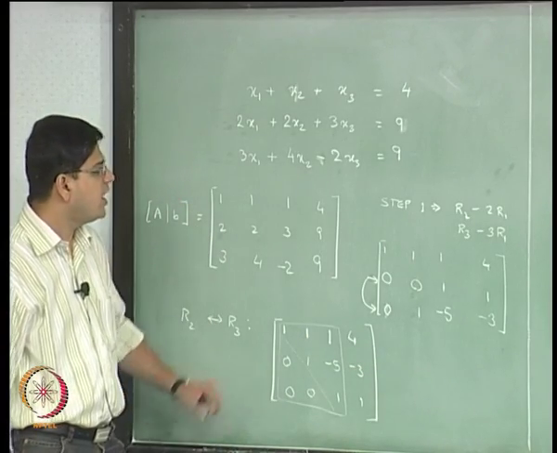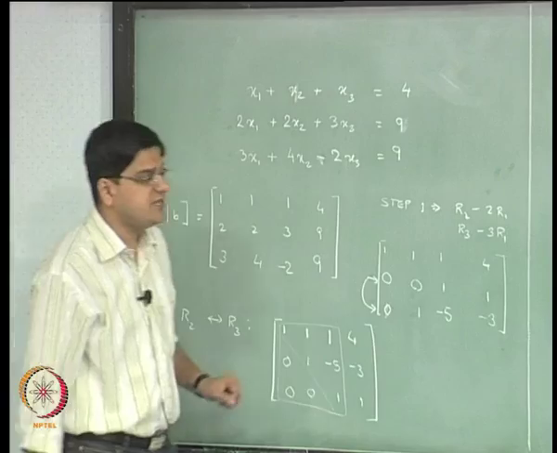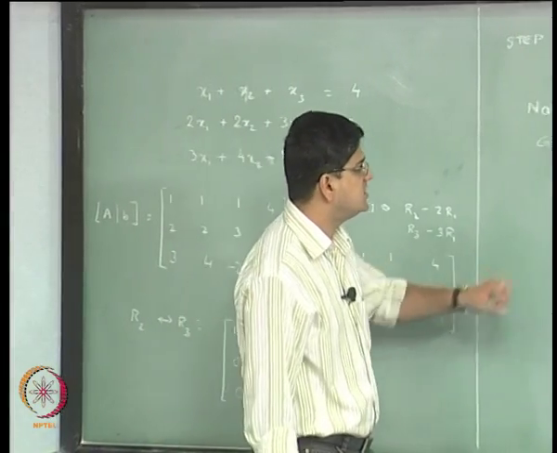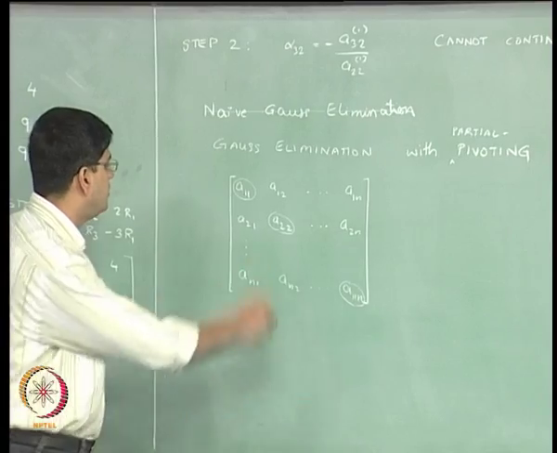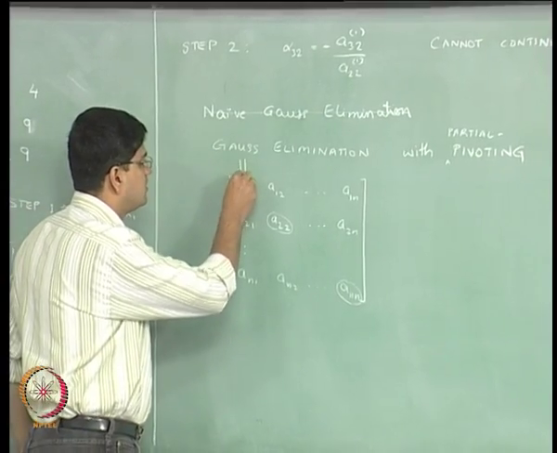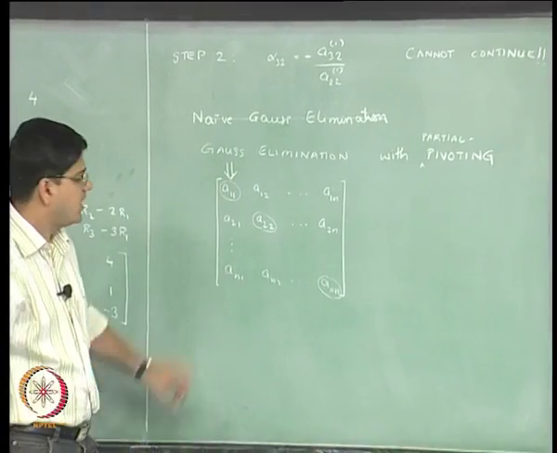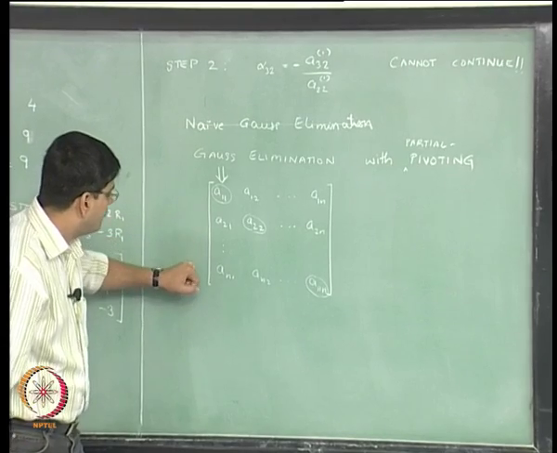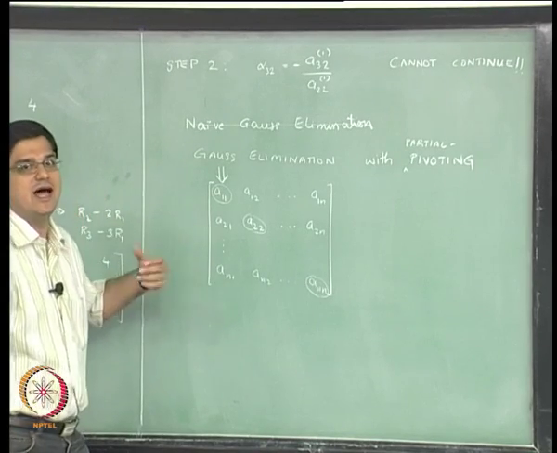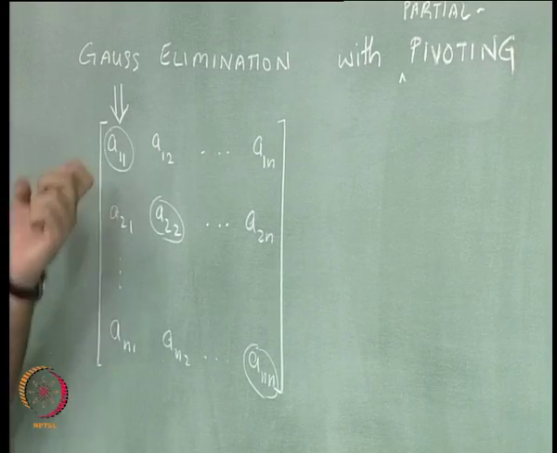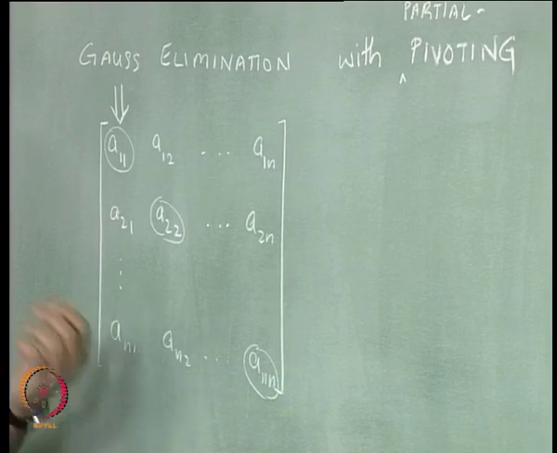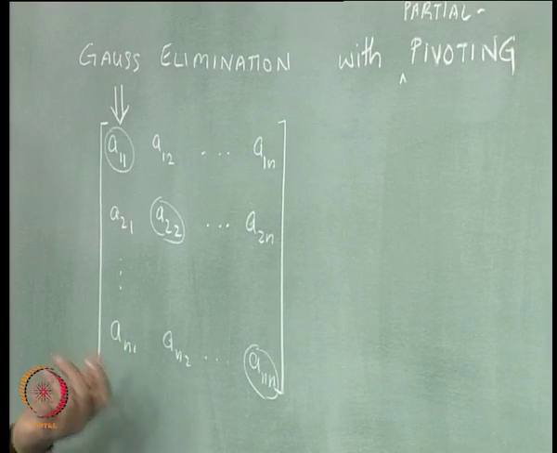So what is done at each step is that for the ith step we will look at the entire ith column, and the value that has the largest absolute value in the ith column should become the pivot element.